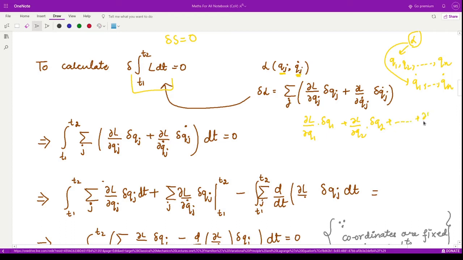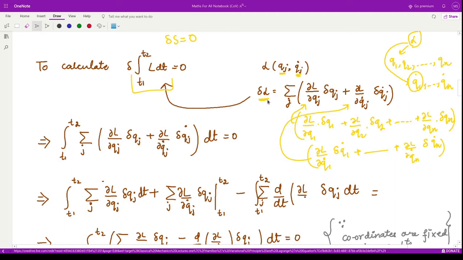We have del L by del qn and its variation with respect to qn, and then we can take the partial derivative with respect to the velocities. So it would give you these values, right? Del L by del qn dot and then the variation in qn dot. So summing these quantities, we have this first summand and the second summand.